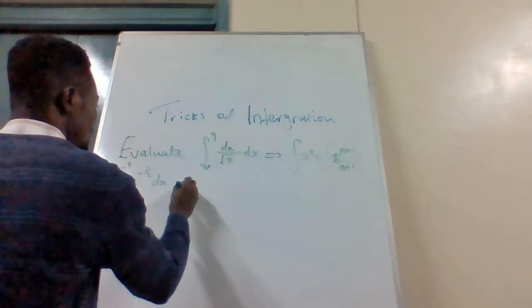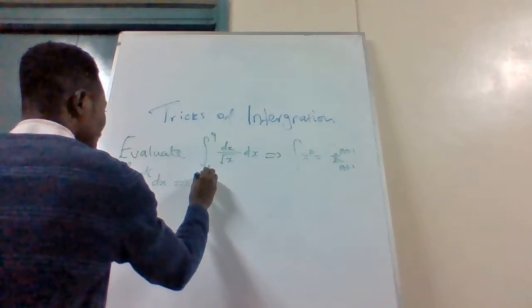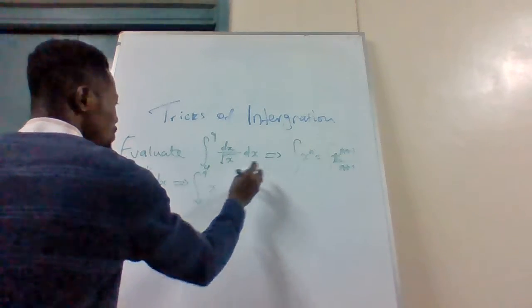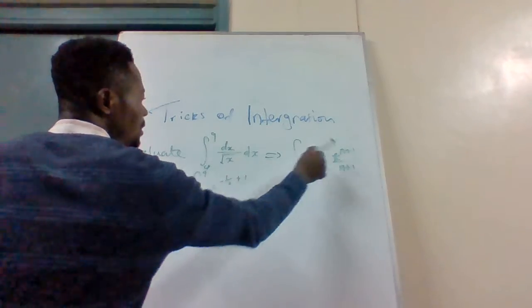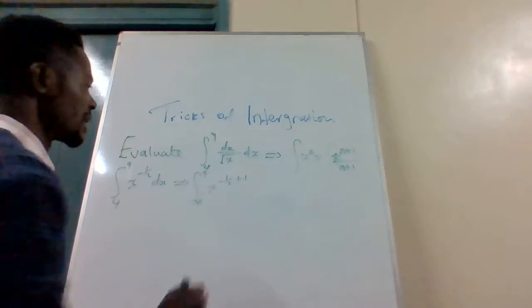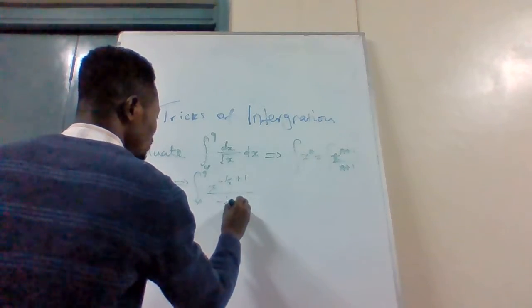This implies our integral from 4 up to 9 of x, now when you add 1 to negative a half, it becomes negative a half plus 1 per our formula, and this will be divided by negative a half plus 1.